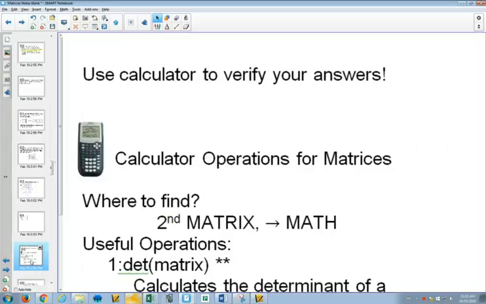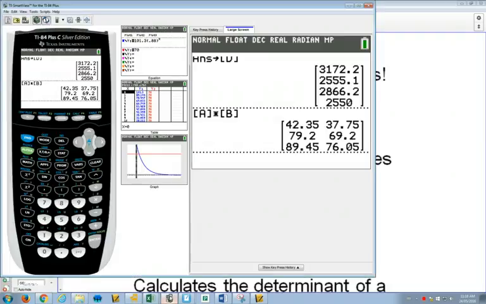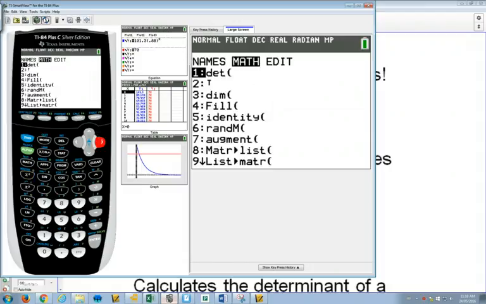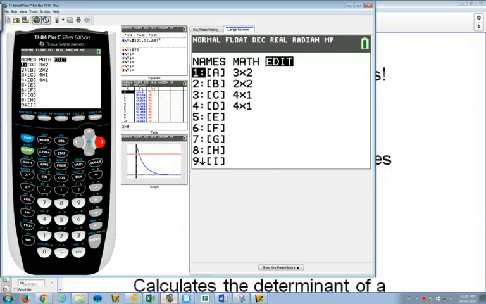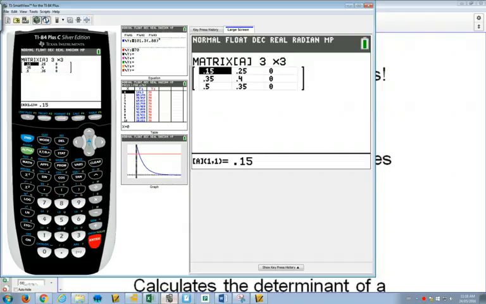So your calculator has the determinant built in as an operation. If we go second, matrix, edit, 3 by 3, 3, 0, 3.